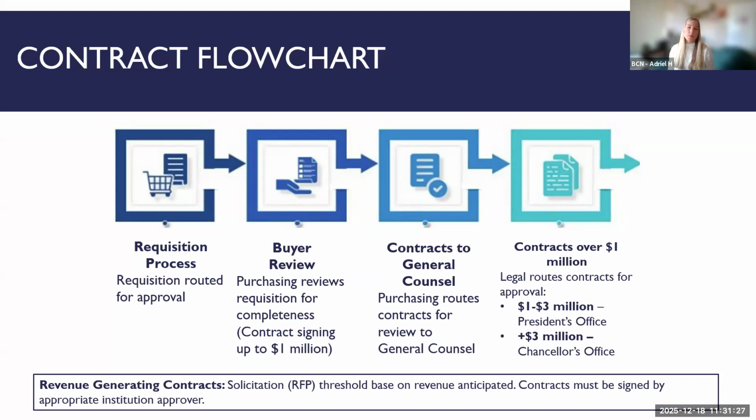Then it would go from the general counsel's office at UNR to the president to recommend to the chancellor. Then it would be routed to the chancellor's office, reviewed by the NSHE council, and then signed by the chancellor. That all gets returned to purchasing, and then we can execute the PO.